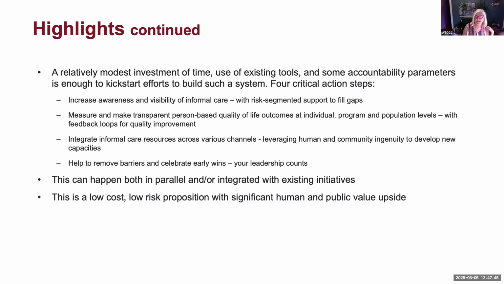We want to integrate as much as we can those informal and formal care resources across many channels, leveraging human and community ingenuity to develop new capacities and new resources to meet more of those unmet needs and help remove barriers and celebrate early wins.